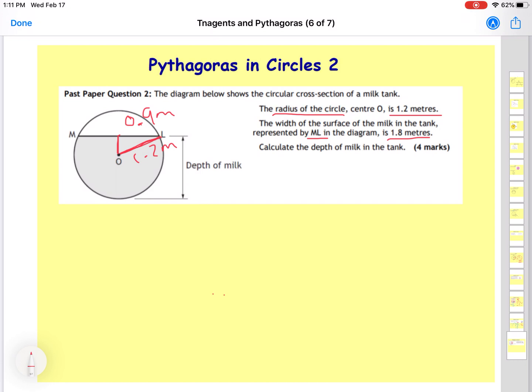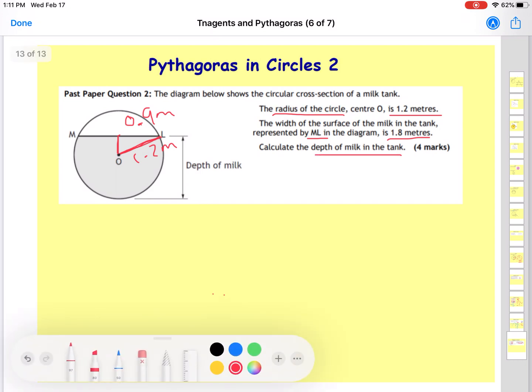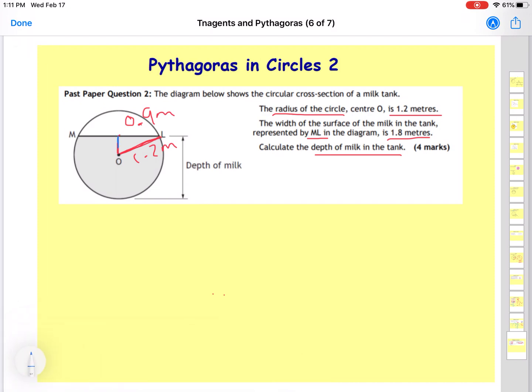I am looking to calculate the depth of milk. Now, that is in fact this line, the smaller line within the triangle, added on to that line there. So it's the full blue line. As you can see, it's on the outside of the shape as well. That means I'm going to have to find the smaller line inside the triangle.